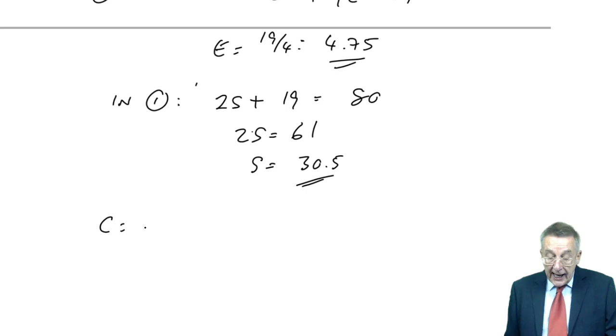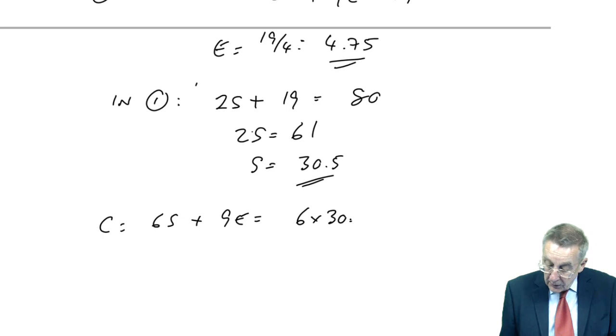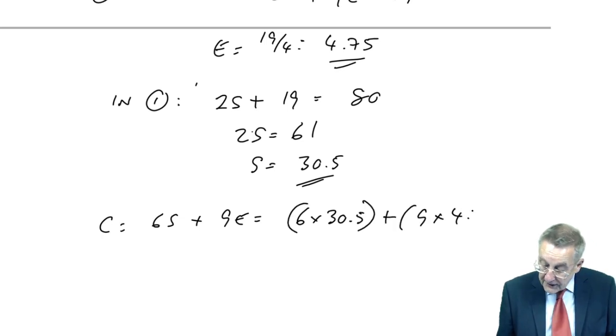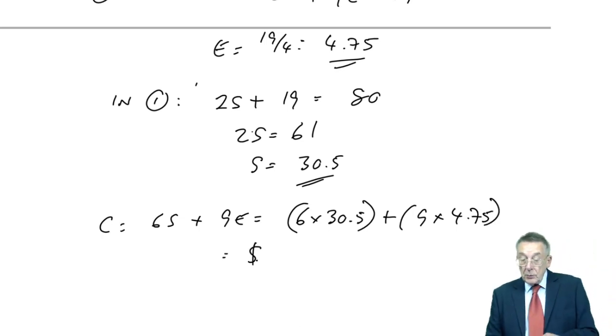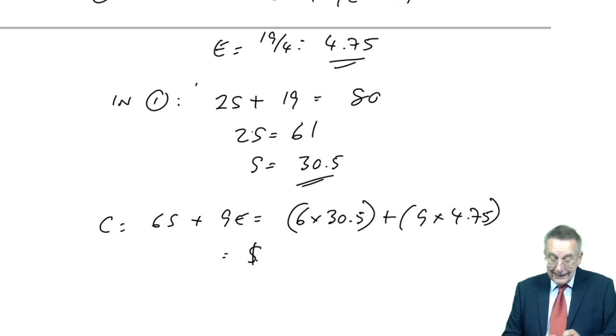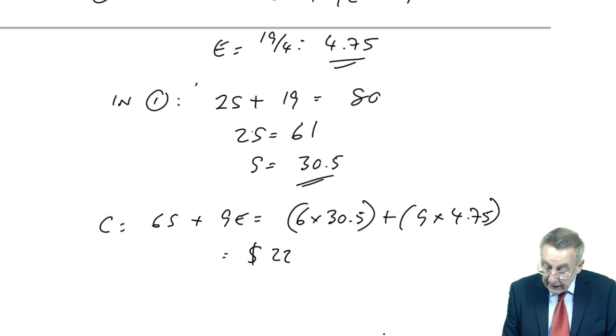If costs remained unchanged, the contribution would be 6S plus 9E. So 6 times 30.5 plus 9 times 4.75. The total contribution would now be 225.75.